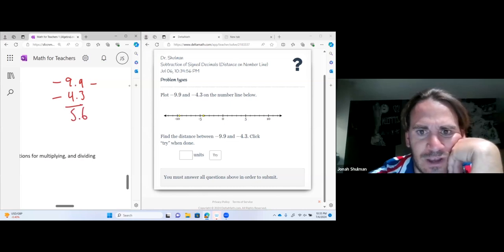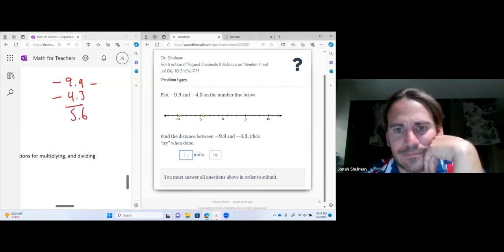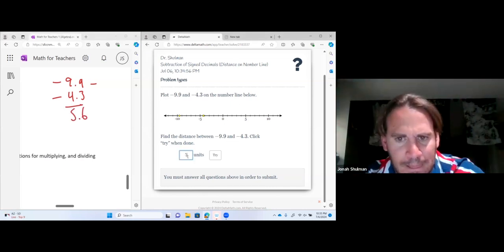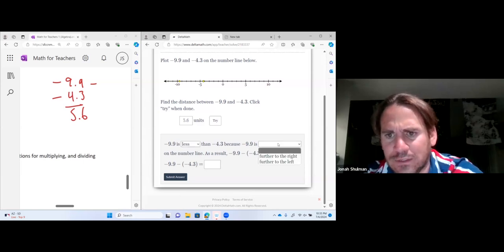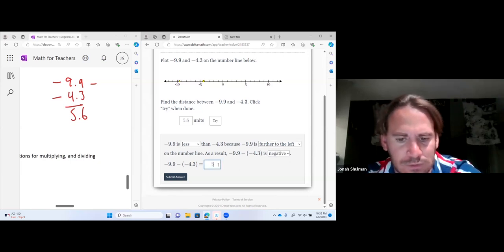That's 6. It's 5.6 units. That's my distance. Nice. So -9.9 is less than 4.3 because 9.9 is further to the left. As a result, when we're subtracting it, we get a negative number of 5.6 units.